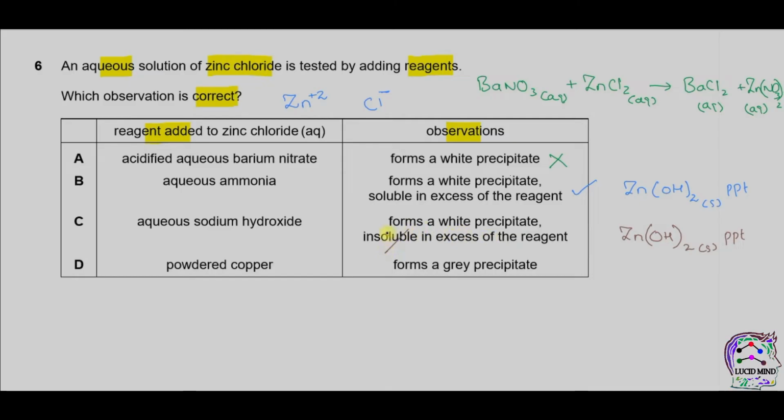This is incorrect because zinc hydroxide is soluble in excess sodium hydroxide. Part D, we have powdered copper which if added to zinc chloride forms a grey precipitate. As copper is less reactive than zinc, this reaction will not occur. The only correct option is part B.